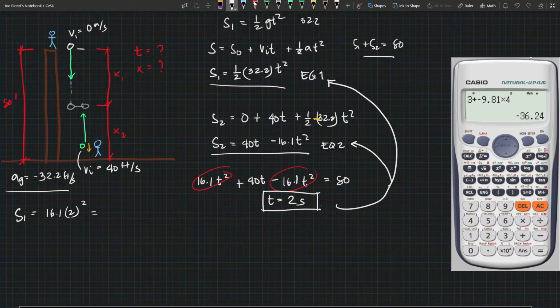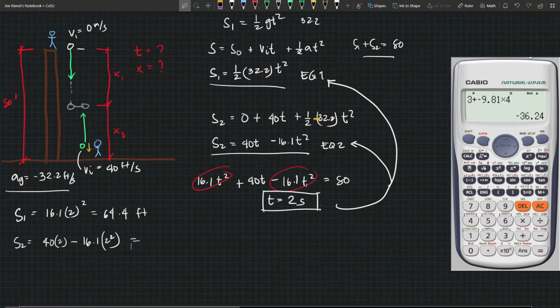So 16 times 4 is, 64 pala dapat. So 64 feet. And then for our S2, 40t, that is 40 times 2, 80, plus or minus 16.1 times 2 squared.